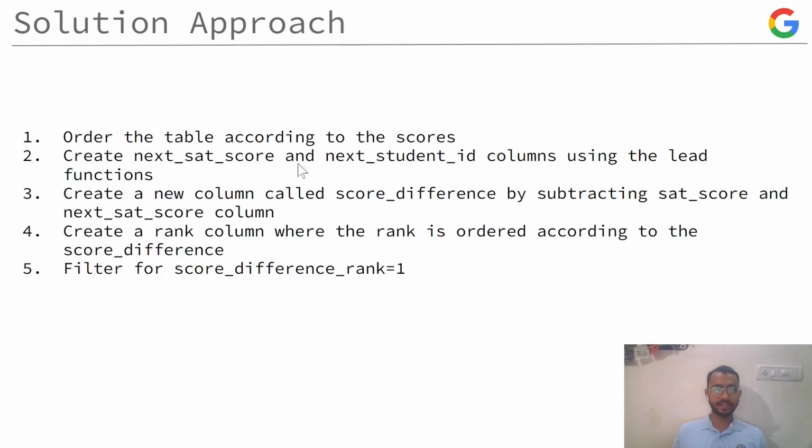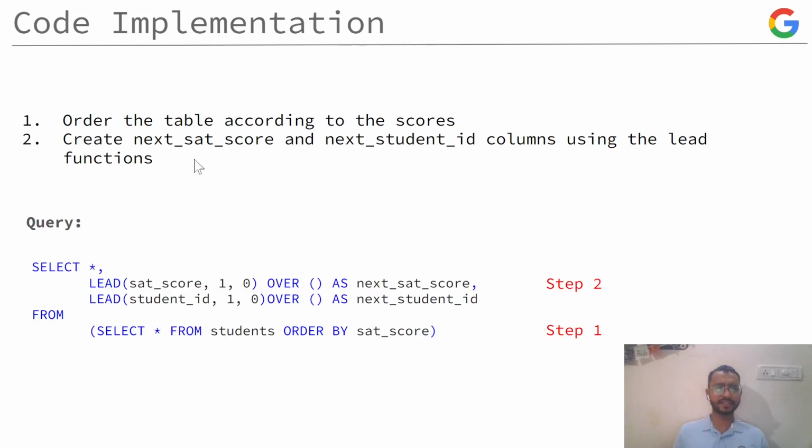Then we will create another new column called score difference, where we will simply subtract the current SAT score and the next SAT score columns. Then we will rank the entire table according to the score difference so that we get the minimum score at the very top. And finally, we will filter for score difference equal to 1, which will give us our final results. So I'll go ahead with the first and second step.